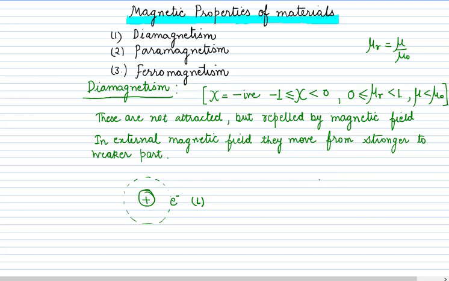So if this is any diamagnetic material, then the magnetic field lines are repelled from it.